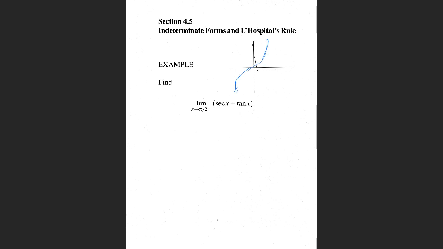It's not the best picture, but there is an asymptote at pi over 2. How many recall the graph of the tangent function?